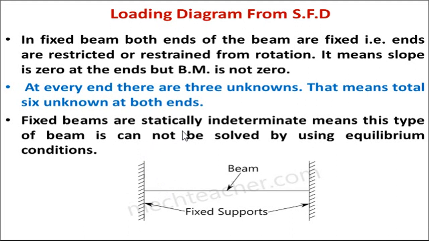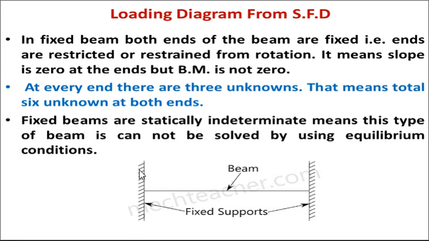At every fixed end there are three unknowns, or three reactions offered at its fixed end. Because this beam has two fixed ends, there are a total of six unknowns, or six reactions formed at both of these ends.